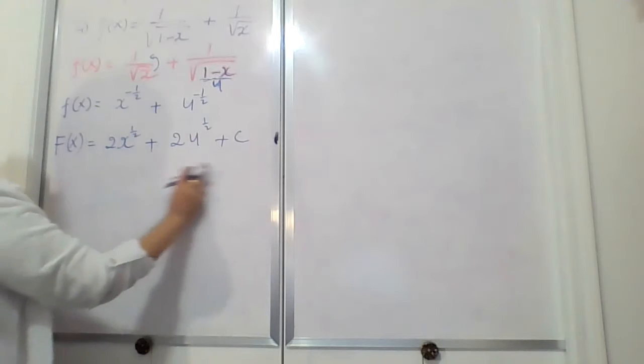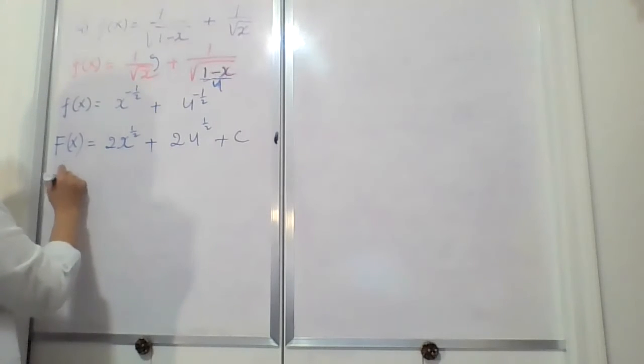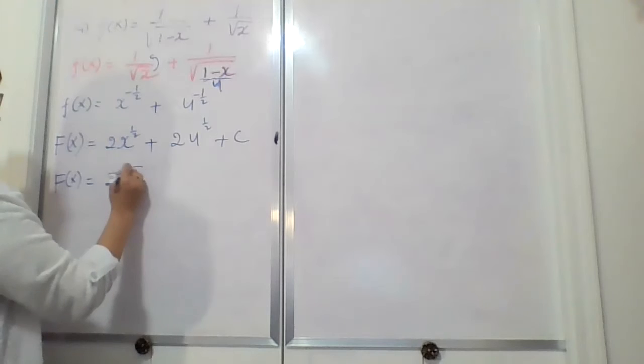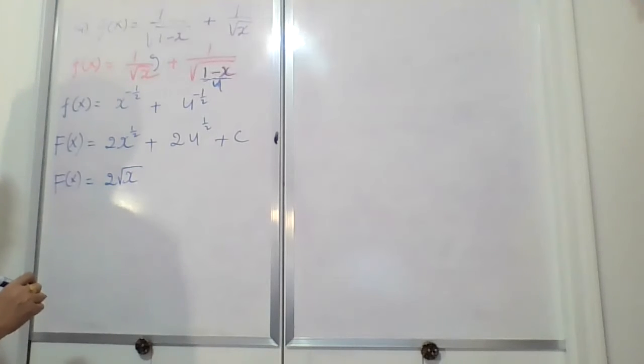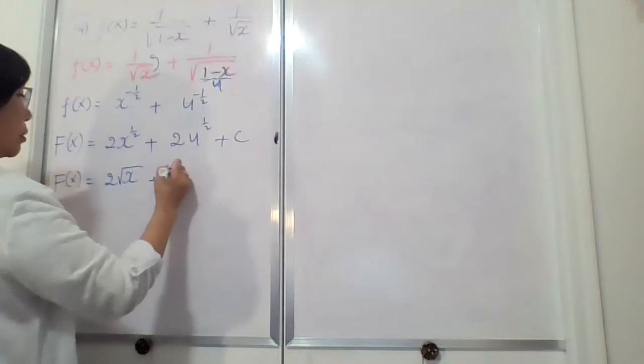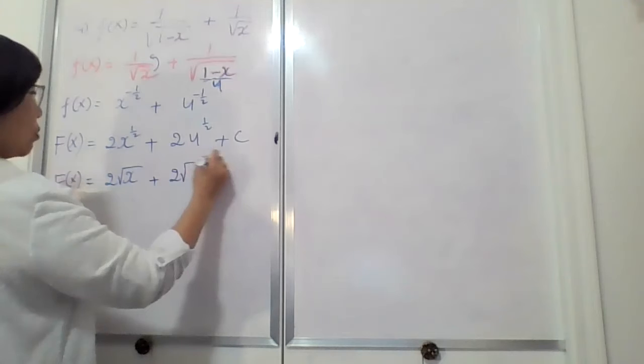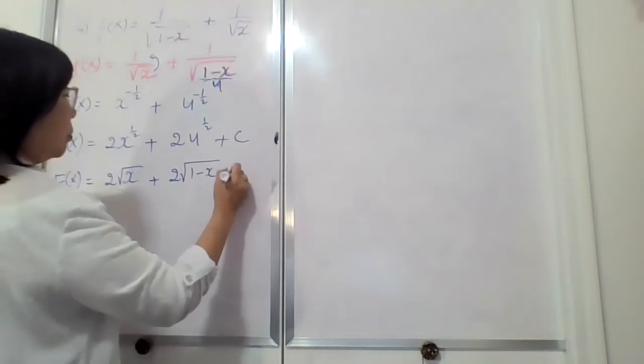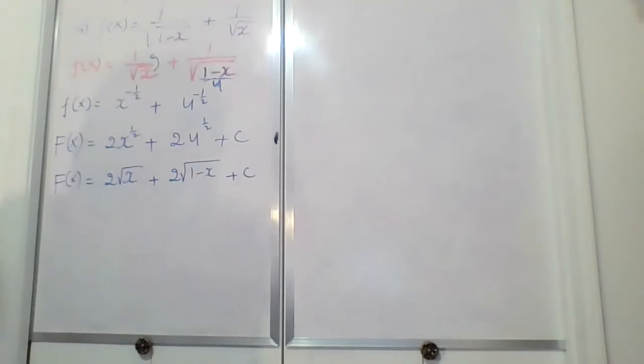Now because we do the antiderivative, we have to have plus c in there, right? So now we can rewrite this as square root of x, back to the same. This we can rewrite as square root of 1 minus x, and plus c. So that's how we are done, okay?